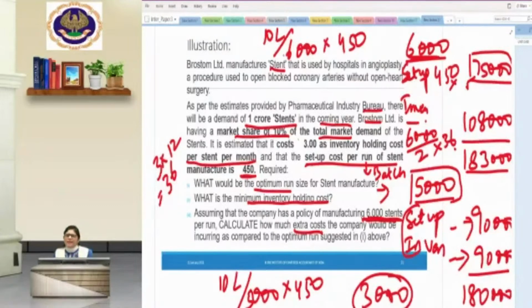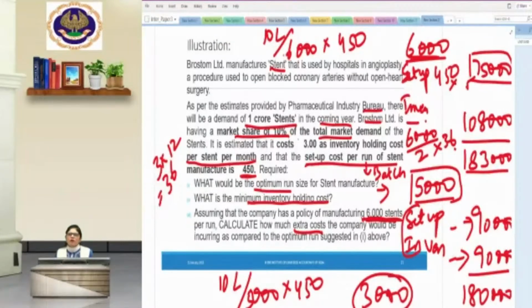You make a trial and error exercise. You calculate the total cost by taking 5,000, then 6,000, then 10,000, then 15,000. You can take multiple batch sizes and calculate the total cost. You will find that with economic batch quantity, the total setup and inventory cost will be the minimum. That is the significance of economic batch quantity.